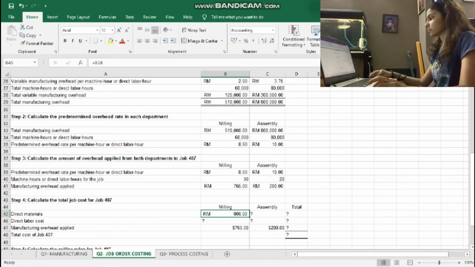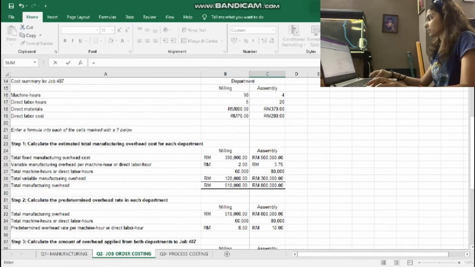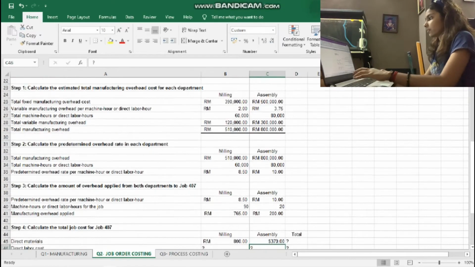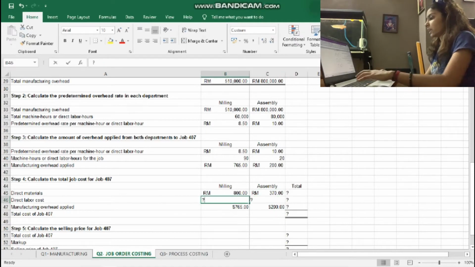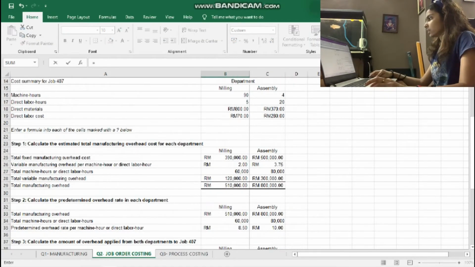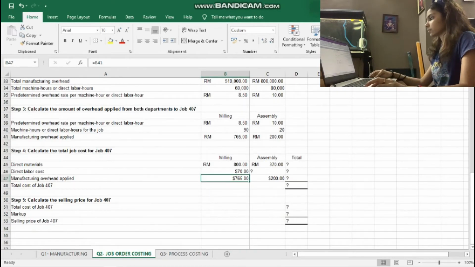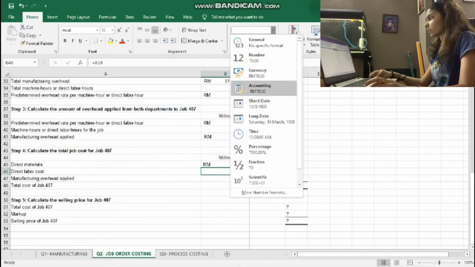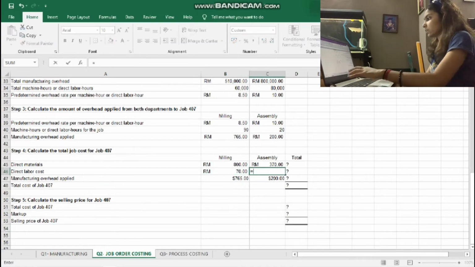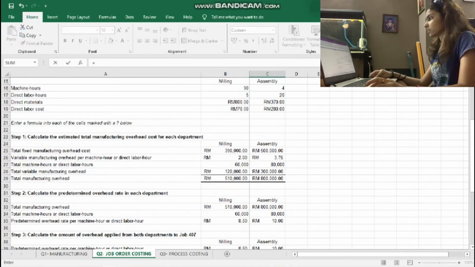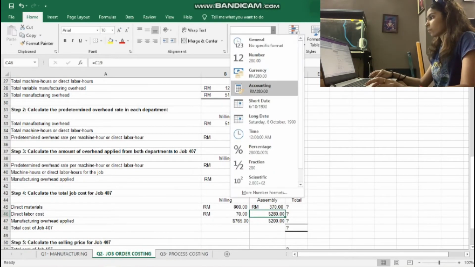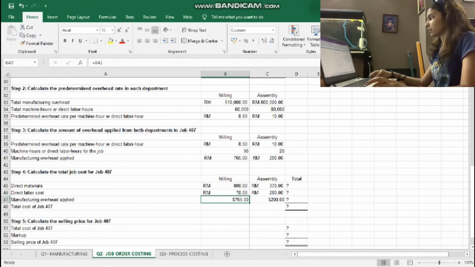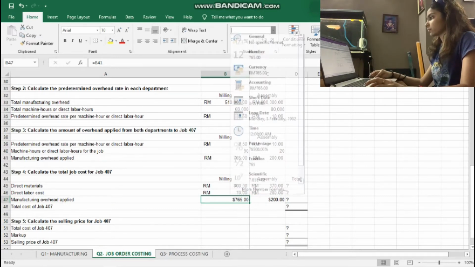Assembly is 370, and then for direct labor cost is 70, and for assembly is 280. Okay, and this one is from above here, 765 and 200.